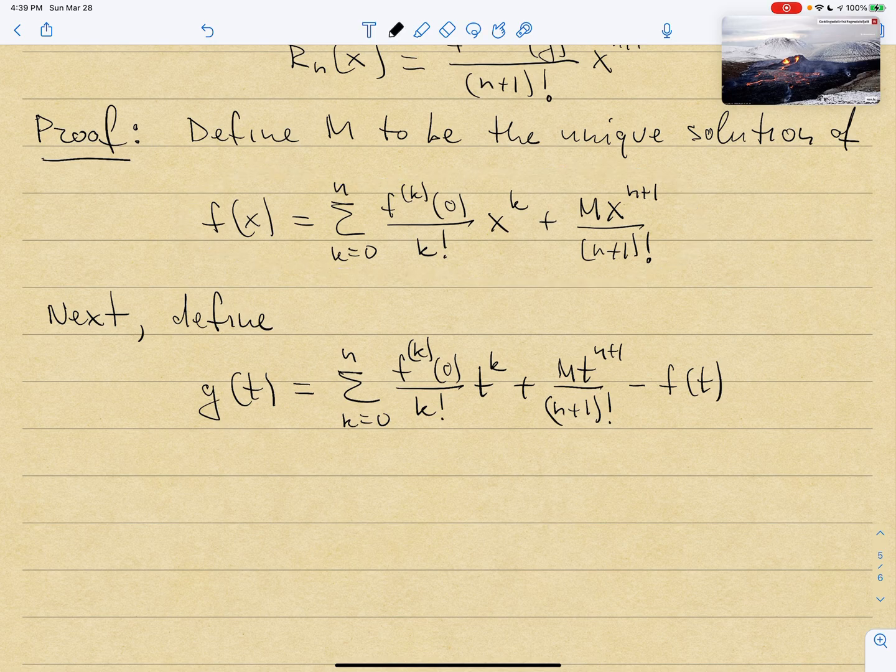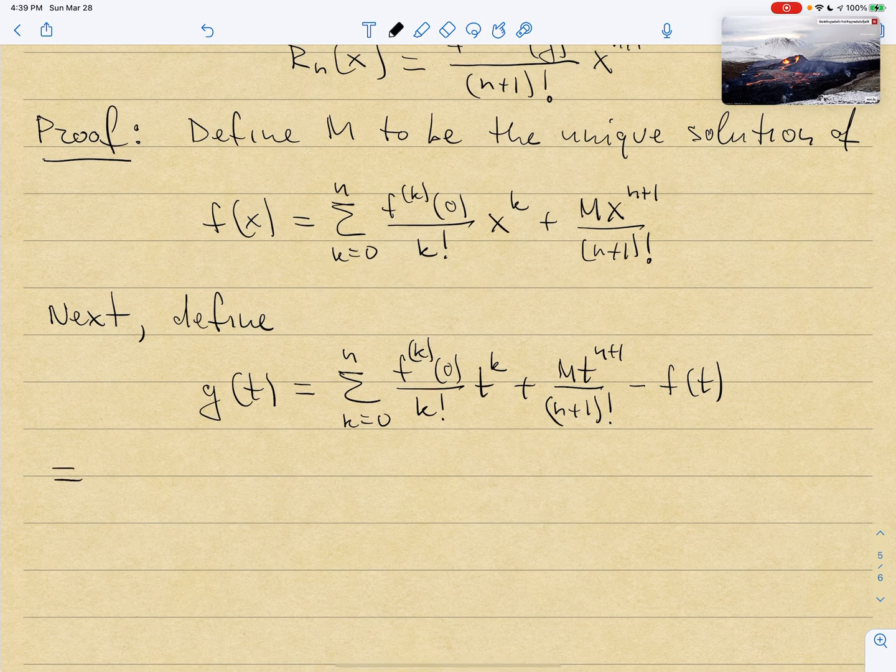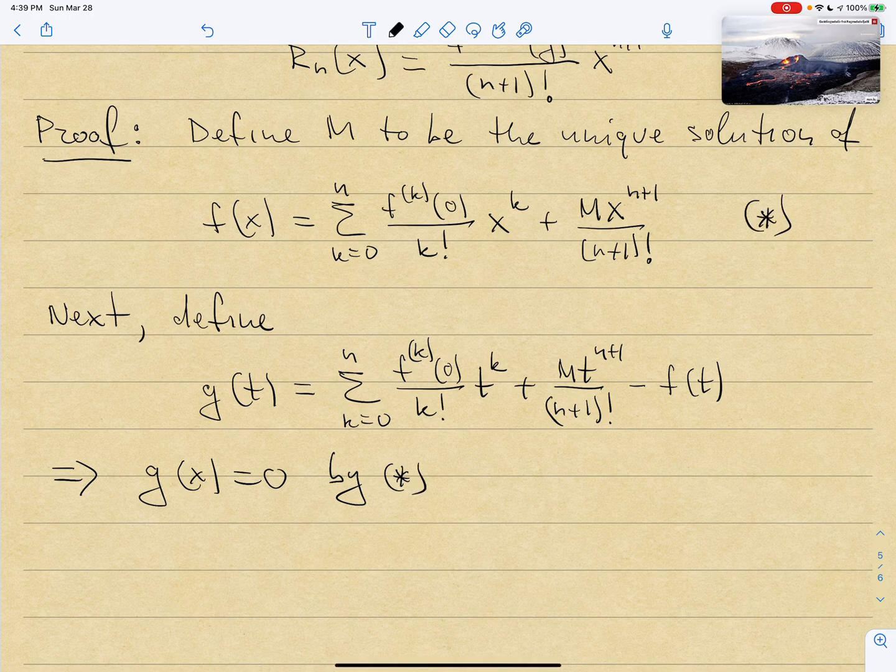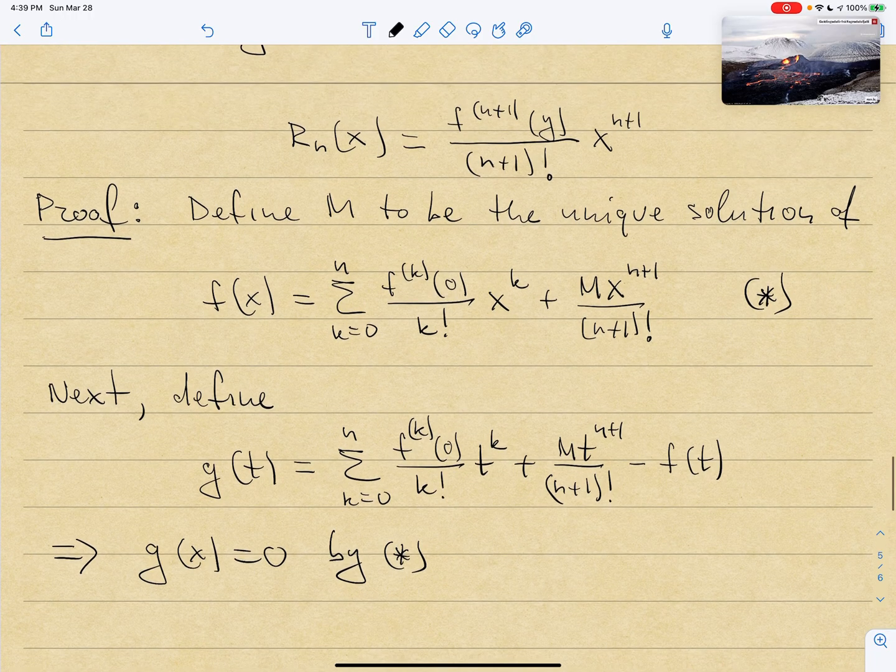So then g of x is 0 by star, where star is this guy over here. Again, in my computations that I'm doing here, I'm assuming that x is fixed, right? Because I'm trying to find the expression for the remainder at the point x.